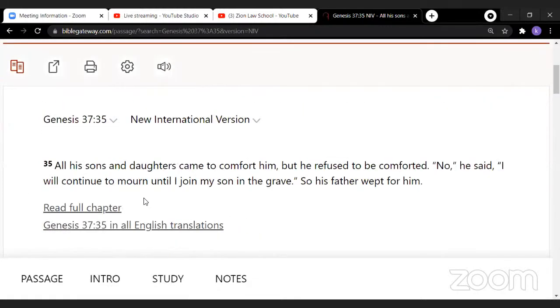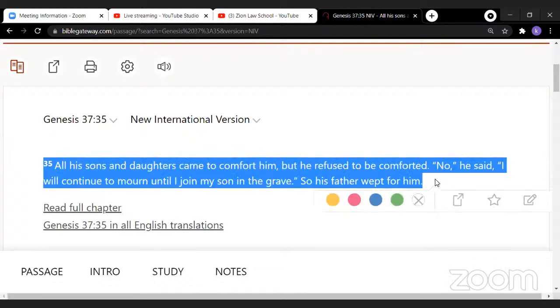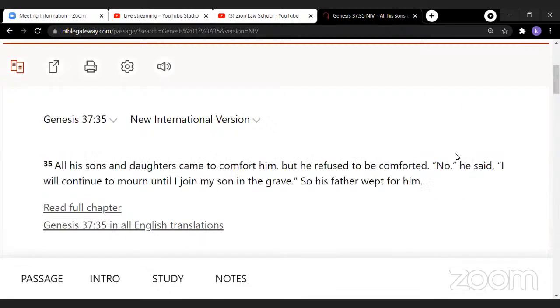There are people that have certain knowledge, and the information that they have been taught or given, they don't believe is truth.